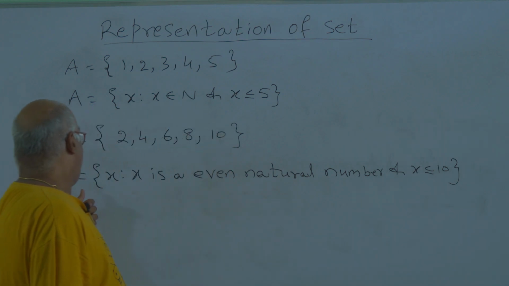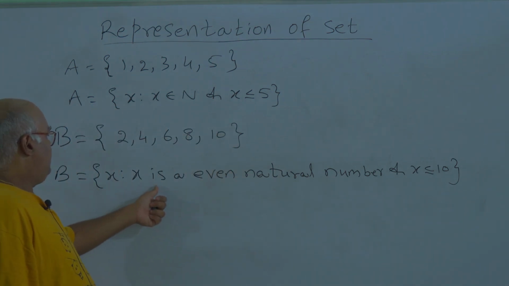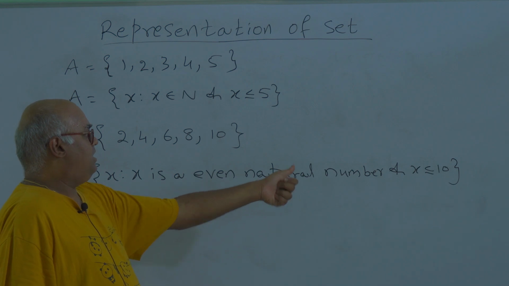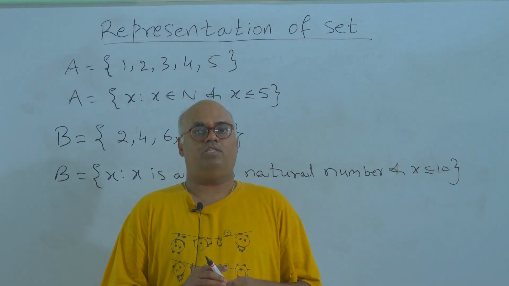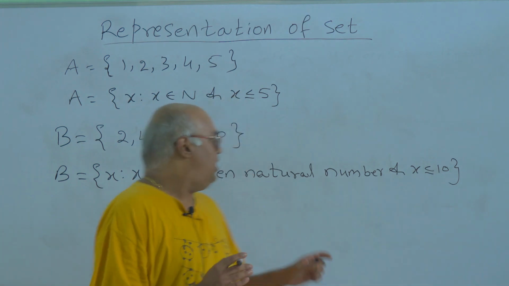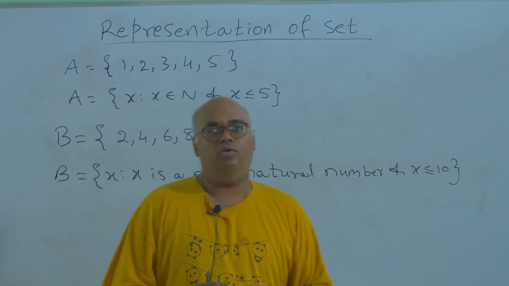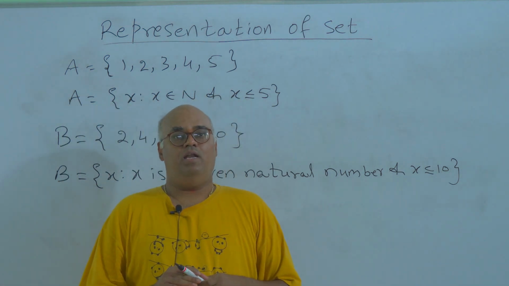So if you see this set B, X says that X is an even natural number and X is less than or equal to 10. All the even natural numbers up to 10 belong to the set B. So this is how you represent the set in set builder form.